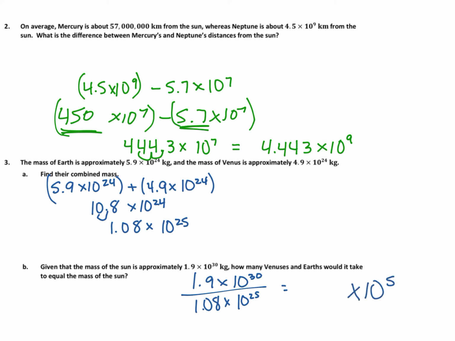So our answer will be times 10 to the 5th, because 30 minus 25 gives us 5. Dividing the 1.9 and 1.08, we get about 1.795. You could also write 1.8 times 10 to the 5th, and this is Venuses and Earths.